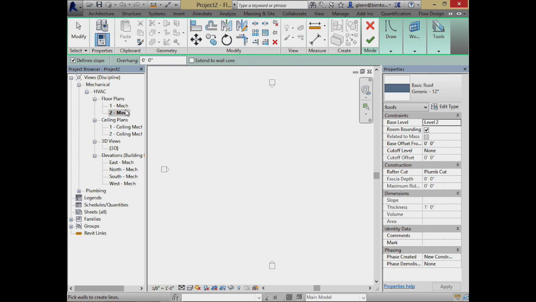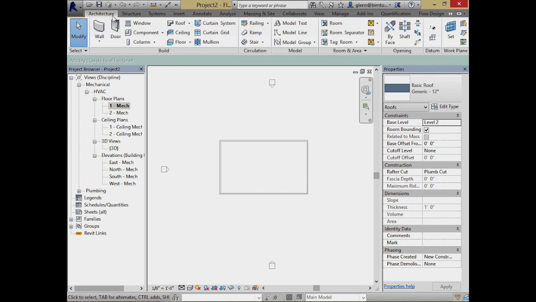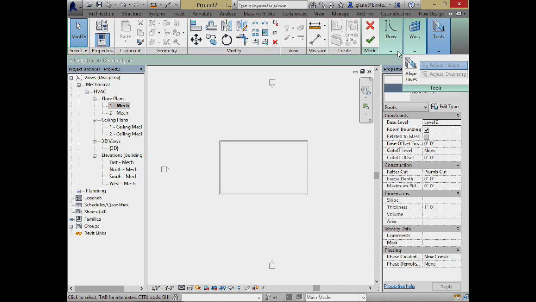I'm not seeing that right now, and it's probably because the view range is set up so I can't see things. Let's do it on level 1 and go from there. By footprint. Pick some walls, I'll give it a little bit of overhang.